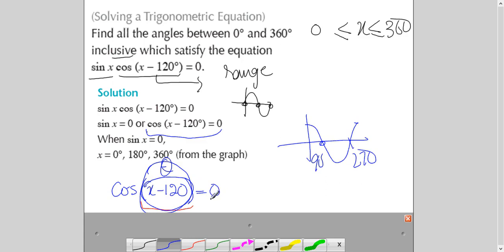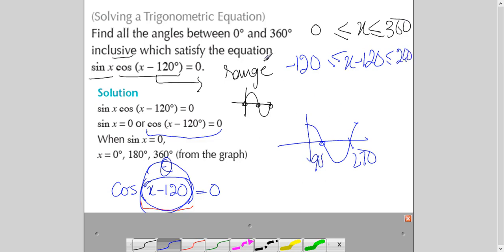But the point here is I have to change my range, the domain, first, because it is not x, it is x minus 120, right? So I will change this into x minus 120. I will do minus 120 everywhere. Right.